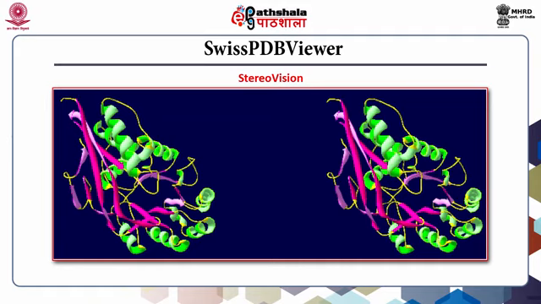If you keep your eyes focused at infinity, that is in parallel, then this will make the middle two images overlap and then show the depth of the molecule. With experience, it may take some 30 seconds to a minute to view the molecule in stereo vision.